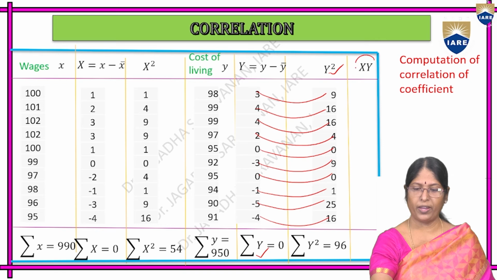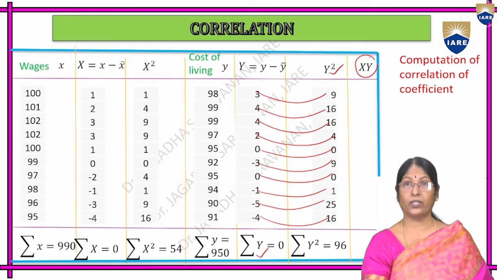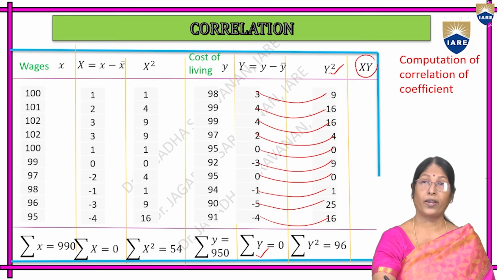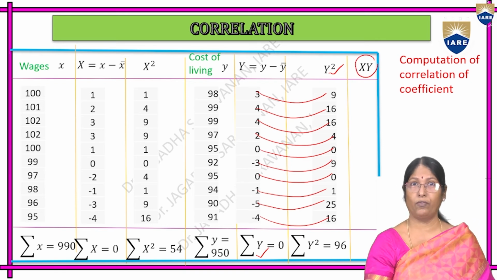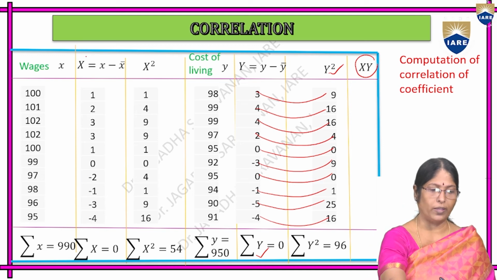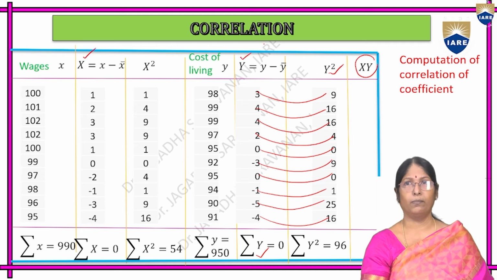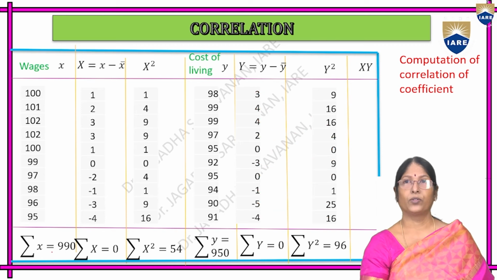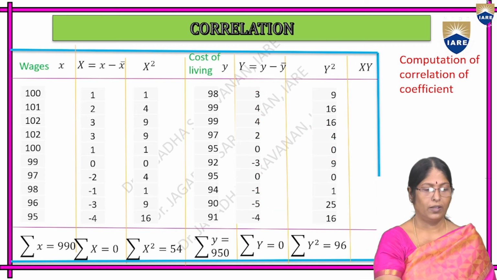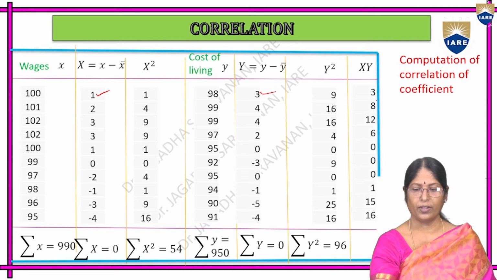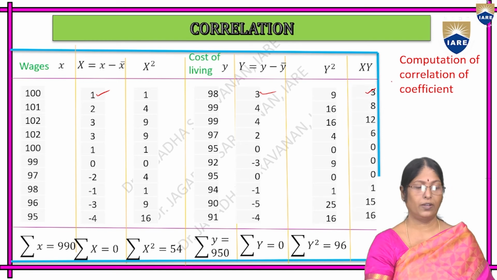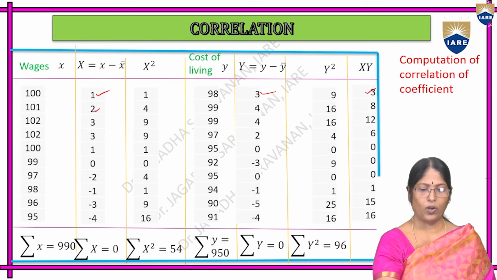Next is XY. Here we have to be very careful. Capital XY, we should not get confused with small x and y. Capital X and capital Y, these two are to be multiplied. Here we can see 3, and I am putting a small tick.